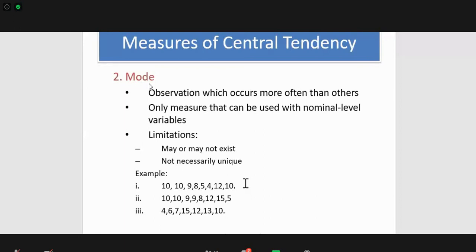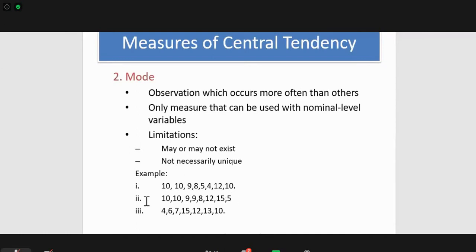But if you calculate mode instead of mean, as far as the definition of mode is concerned, it is the observation which occurs more often than others. So which is the observation which occurs the maximum number of times in the first example? It's 10. So 10 will be the mode in this case.